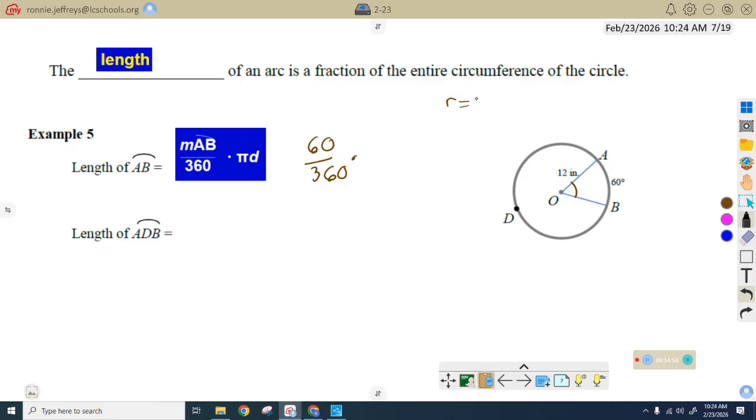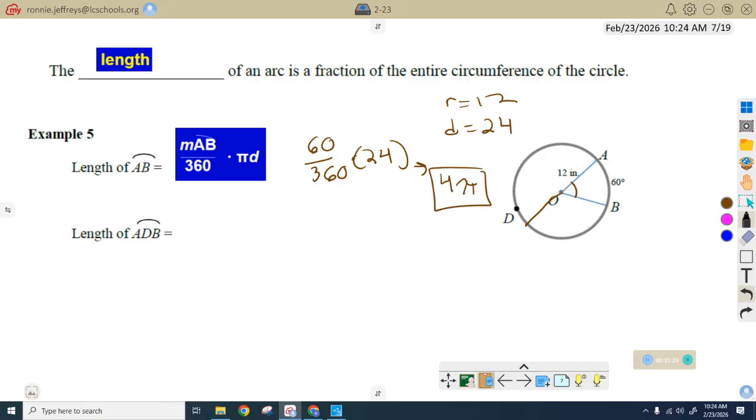The radius is 12. If the radius is 12, what's the diameter? What's the other side all the way over? 24. Wow. Okay. So times 24. This ends up giving us 4 pi.